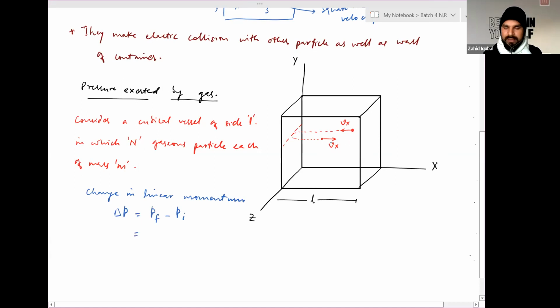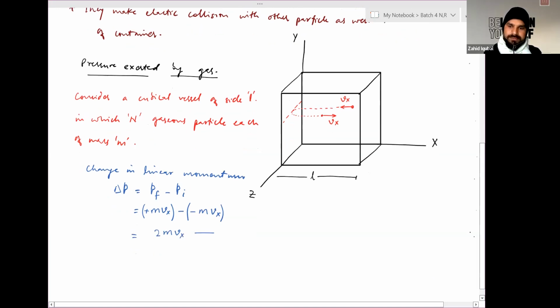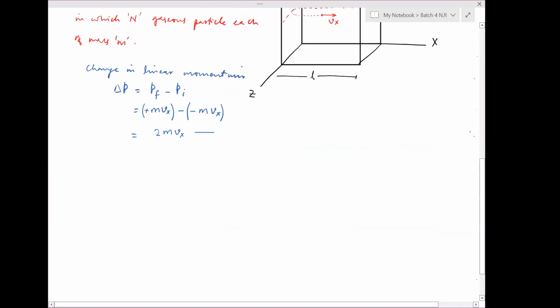For this particle of mass m moving at velocity Vx in the positive direction, the final momentum will be mVx in the positive direction. The initial momentum is along the negative x-axis, so it will be minus mVx. Minus minus gives plus, so the change in linear momentum during this collision is 2mVx. Raza, is it clear? Yes, sir.